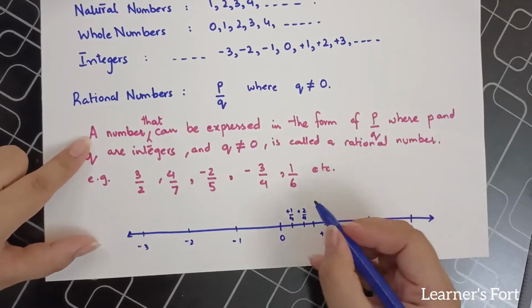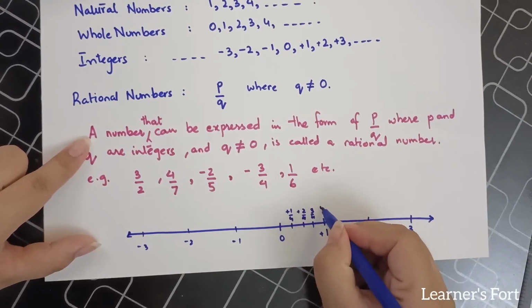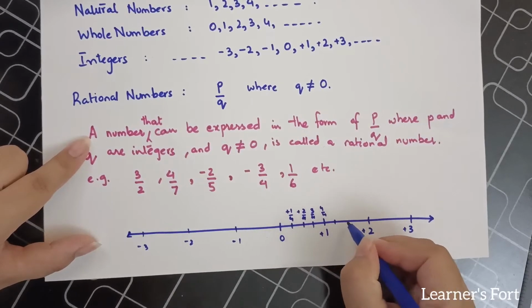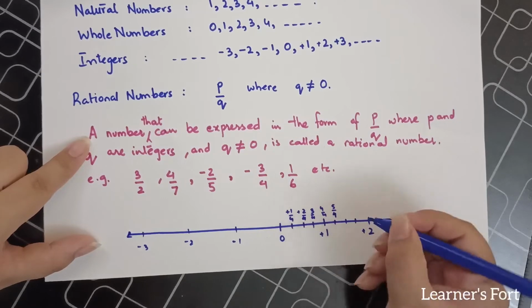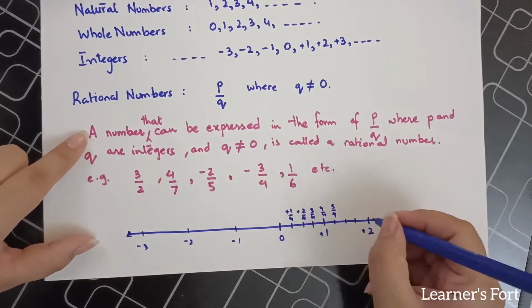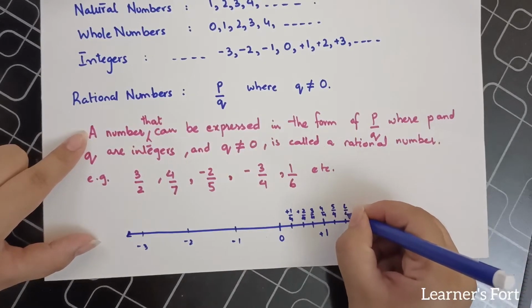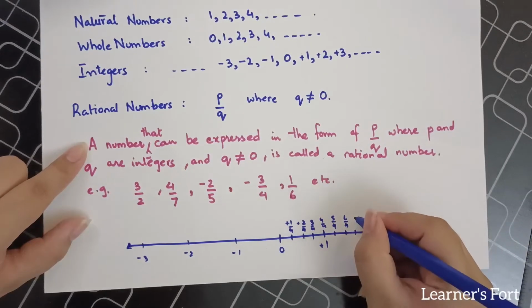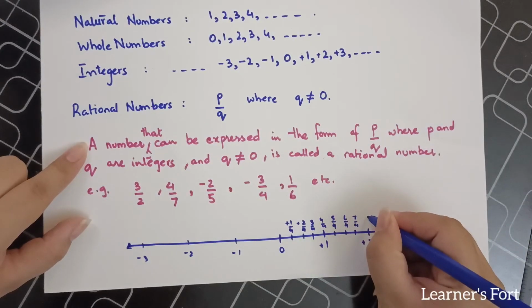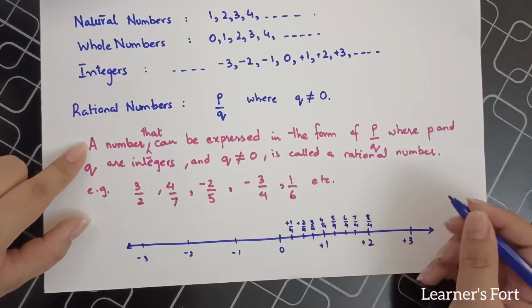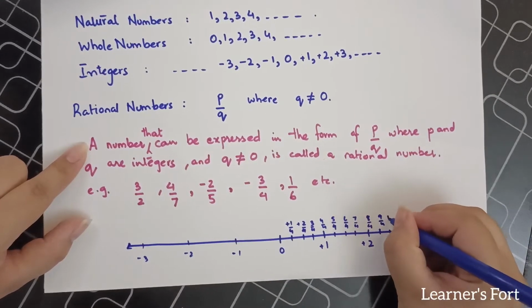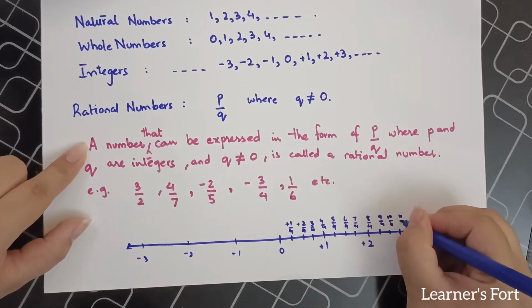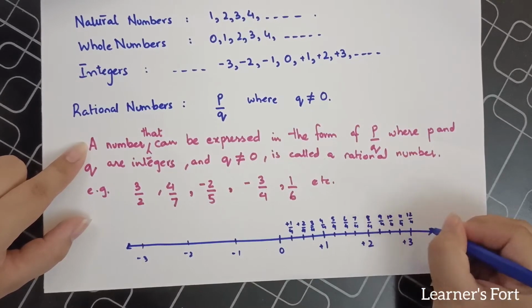You know the concept of fractions, right? 3 upon 4, 4 upon 4, which is 1. Then 5 upon 4, 6 upon 4, 7 upon 4, 8 upon 4, and then 9 upon 4, 10 upon 4, 11 upon 4, 12 upon 4, and so on.